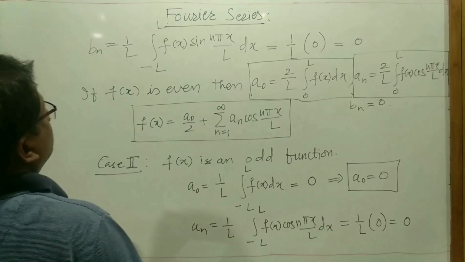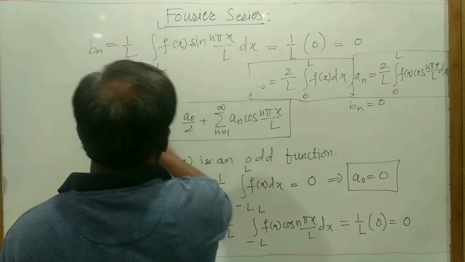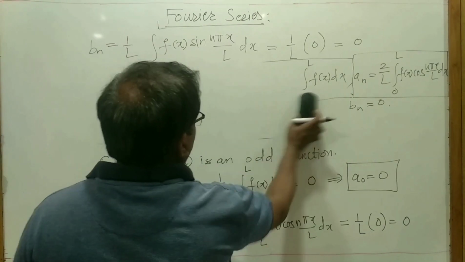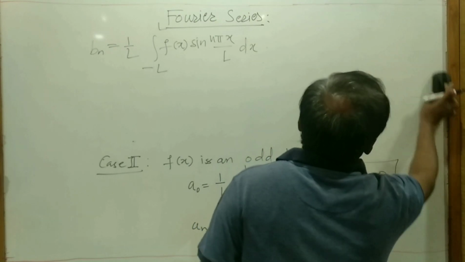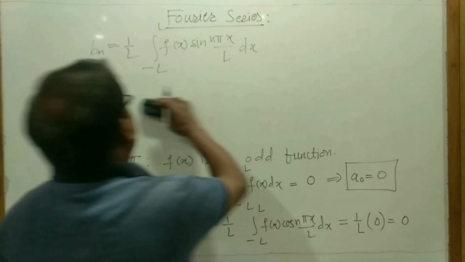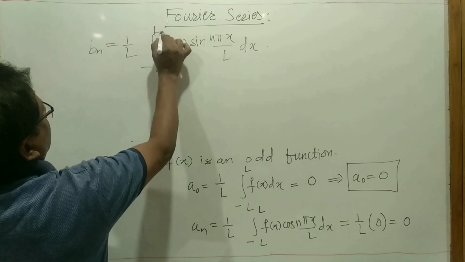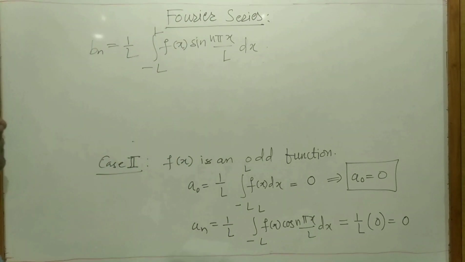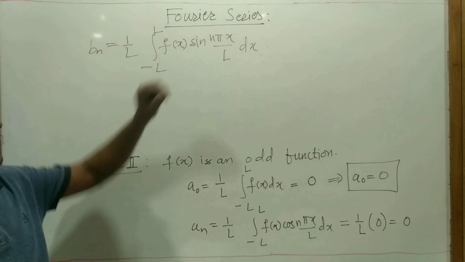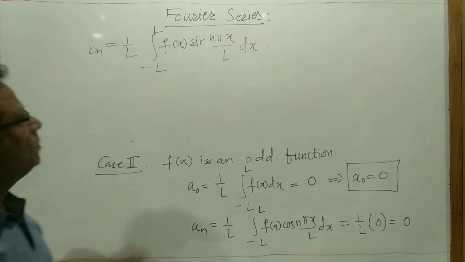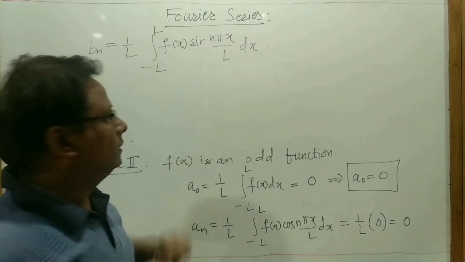Then what about this bn? Bn is given by 1 upon L integral minus L to plus L f of x sin n pi x upon L dx. This f of x is an odd function, sin n pi x upon L is also an odd function. The product of two odd functions is always an even function.